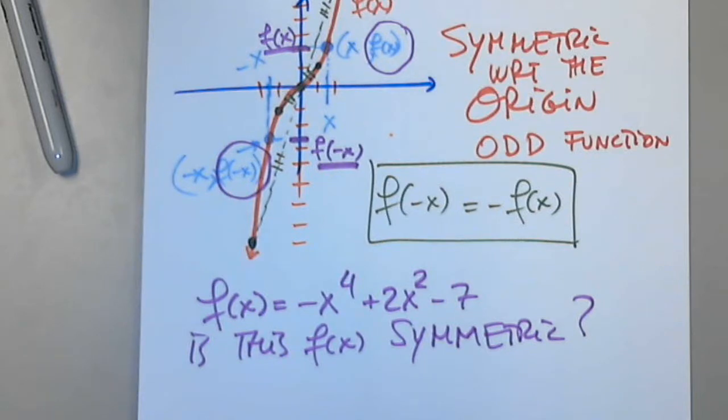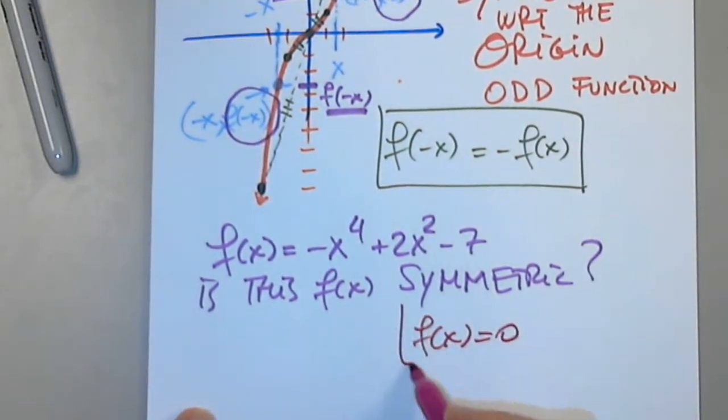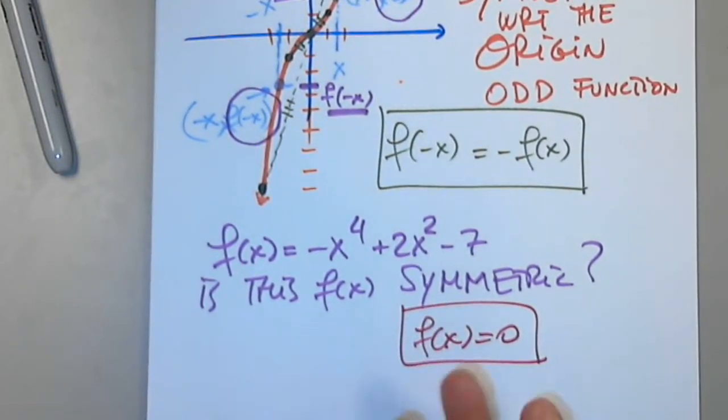By the way, is there a function that is both odd and even? Both symmetric with respect to the origin and symmetric with respect to the y-axis? The answer is yes, but it's a function that makes no sense. It's the x-axis. Nobody cares about this function. It's the only one that is symmetric with respect to the y-axis and with respect to the origin.